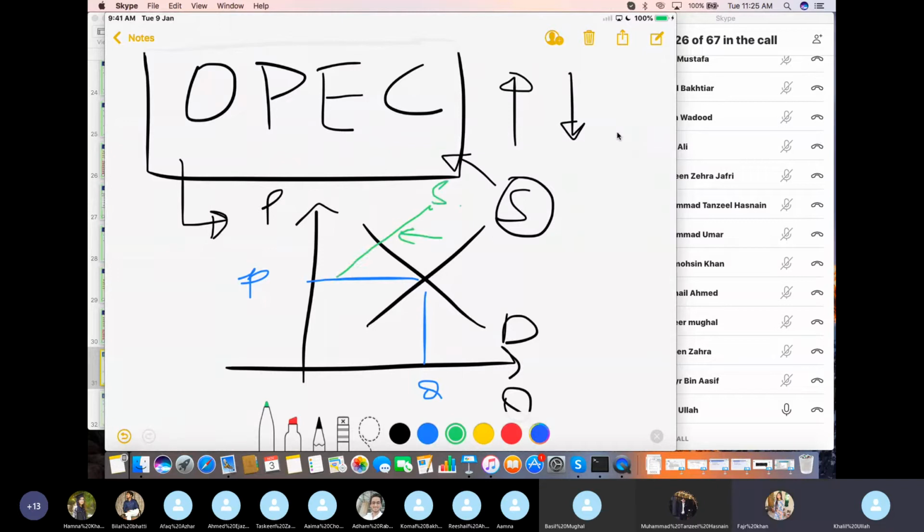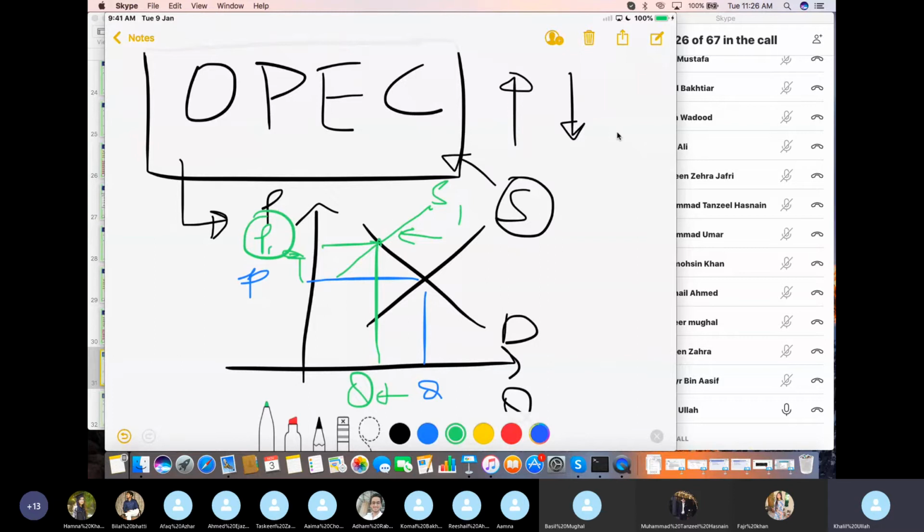You have S1. So when this supply curve, please don't mix it with the AS-AD model at the moment, the price of oil starts to go up. New price is P1. Quantity supplied in the market has gone down.